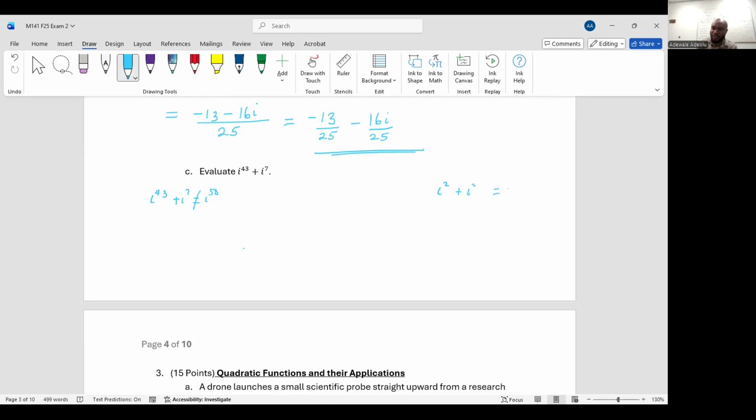If you say, well, it is i raised to power 4, and i raised to power 4 is 1. But let's see, what is i²? i² is negative 1. So negative 1 plus negative 1, that is negative 2. So they are not the same thing, please. You cannot do that.